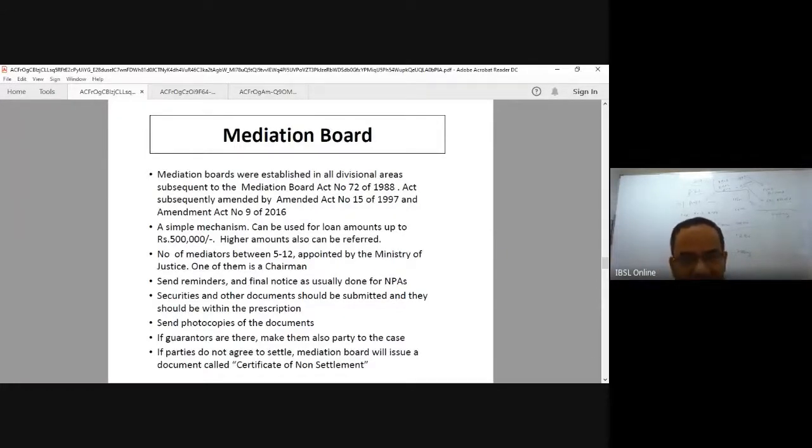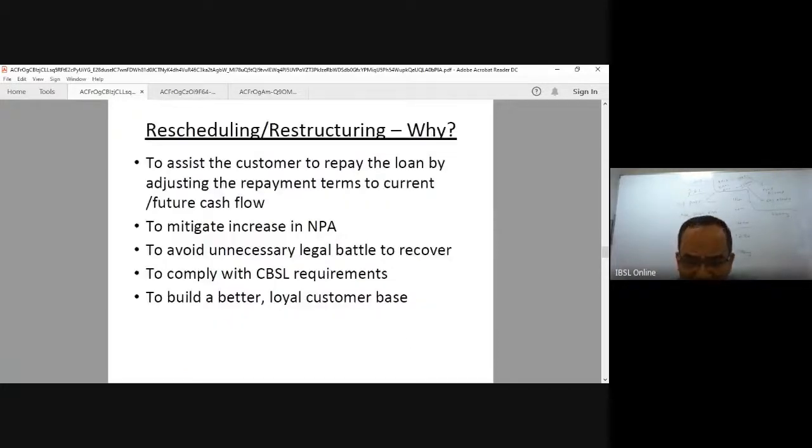Now the rest of the things are the mediation board and all that. Hope I can cover that in the next lecture. And then I will probably discuss a paper. I have shown a paper in today's session itself. We will take that up.